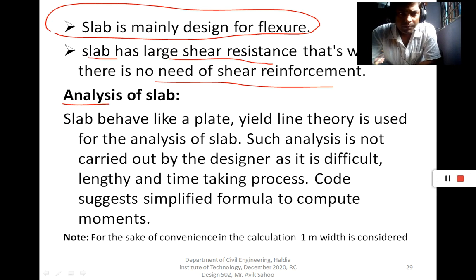You know that slab is a 2D element, so slab behaves like a plate, and yield line theory is used for the analysis of slab.